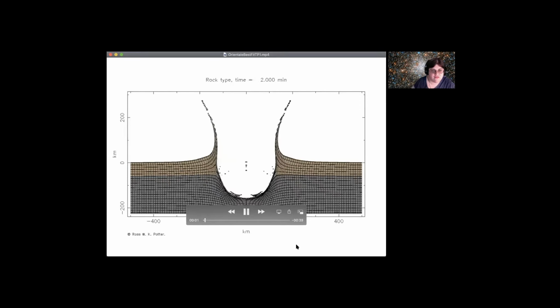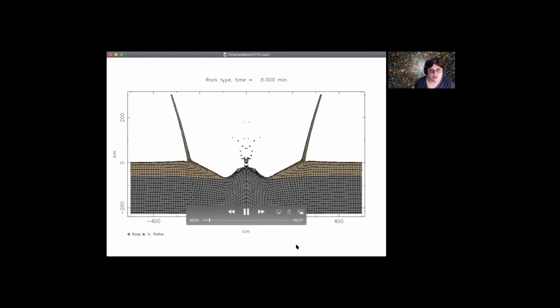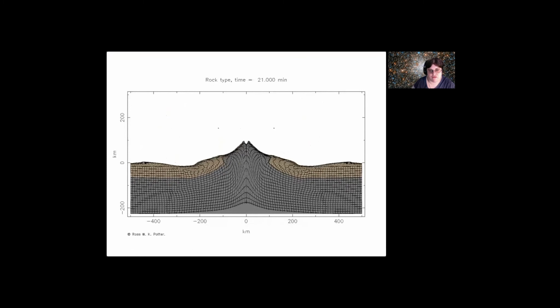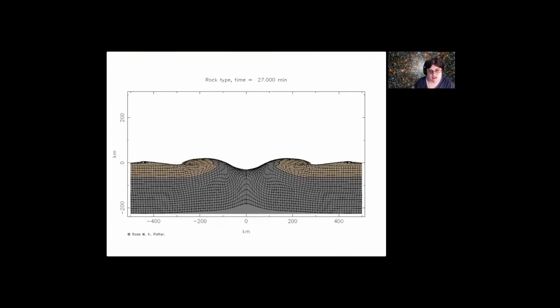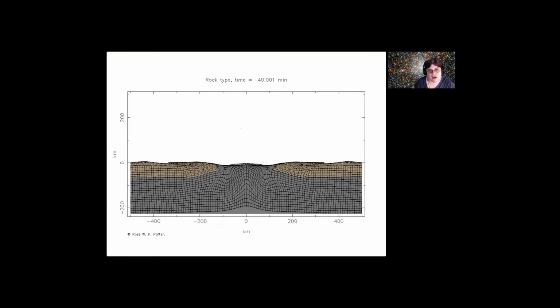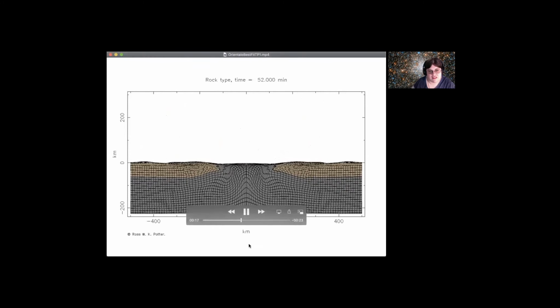Let's hit play. Again, we get our transient crater. This time there's a giant amount of rebound. The model isn't clear on whether this rock is solid or liquid, but it definitely fills in that giant hole, leaving something that's relatively shallow compared to its distance.